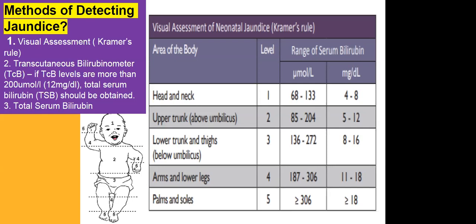This Kramer's rule provides a mechanism for clinical assessment of jaundice severity by measuring the proportion of skin involved from head to toe. Head and neck is level 1, upper trunk level 2, lower trunk and thigh level 3, arm and lower leg level 4, palm and sole level 5. According to the level, Kramer's rule will show the range of serum bilirubin.